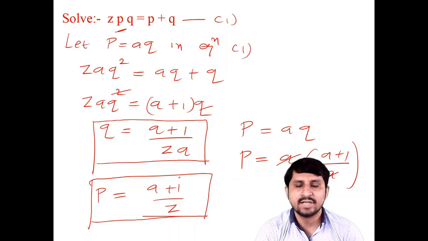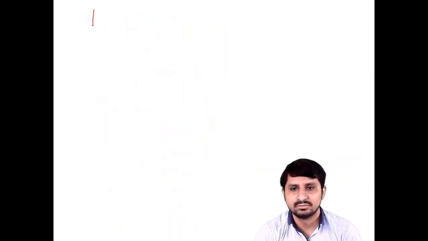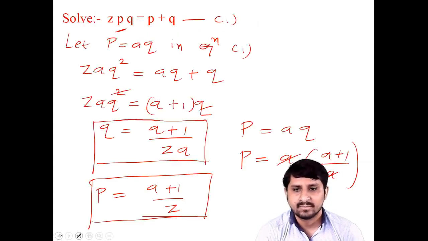Now put these two values in our equation, dz is equal to p dx plus q dy. We know that dz is equal to p dx plus q dy. The value of p is a plus 1 upon z, and the value of q is a plus 1 upon z into a.